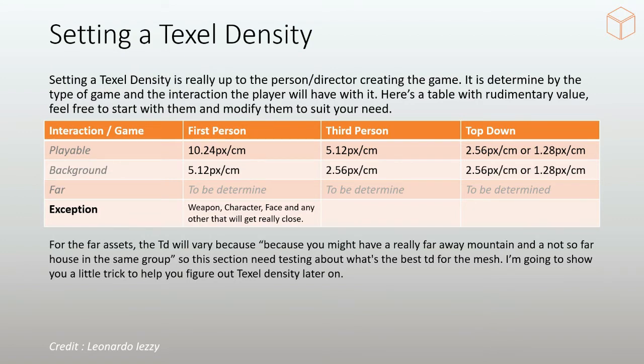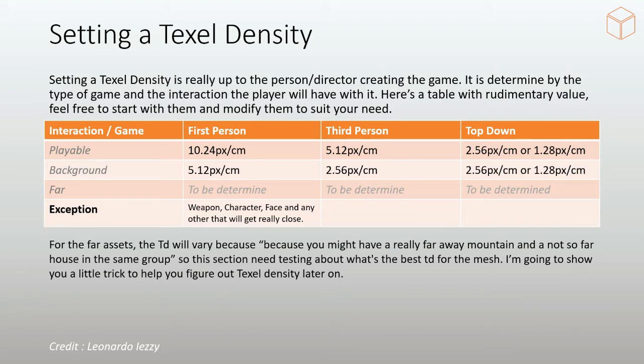So there's a little table, and I'm giving full credit for those values to that guy over there, and I'm going to link his article, which I took a lot of information from. So if you want to know more about how to go about that, I suggest going to read his article. But basically, these are the rudimentary values. You start with those, and you can just adjust them based on your needs.